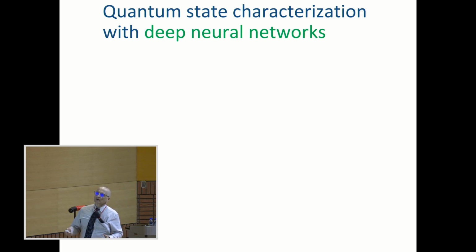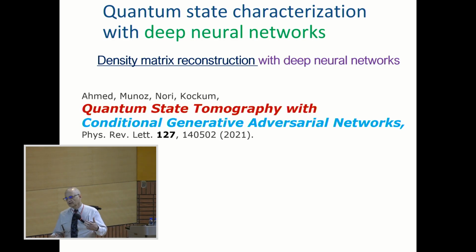There is another one, in this case using a different kind of technique, including deep neural networks. The goal here is to do a density matrix reconstruction with deep neural networks. The details are in this work here. These are called conditional generative adversarial networks.